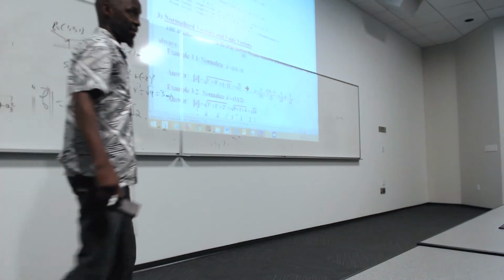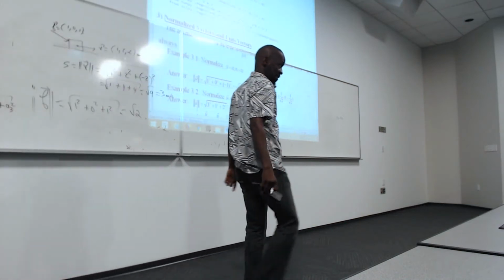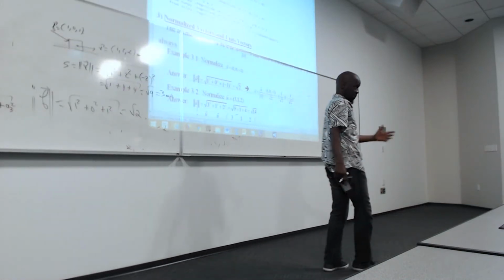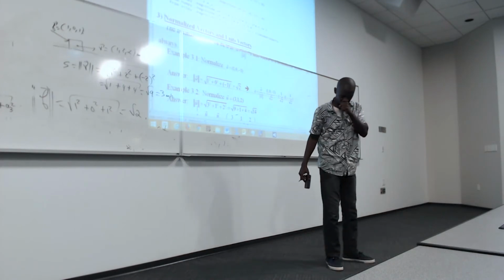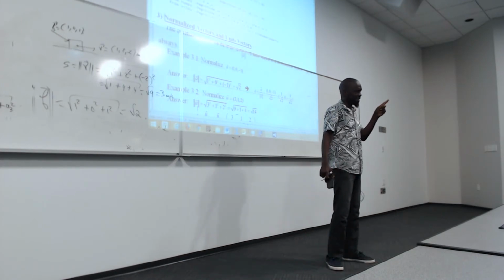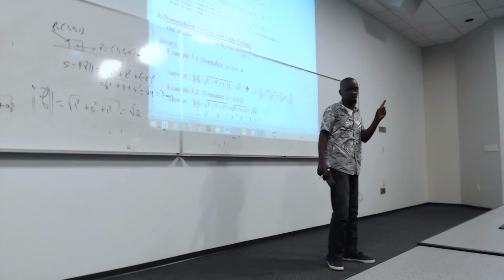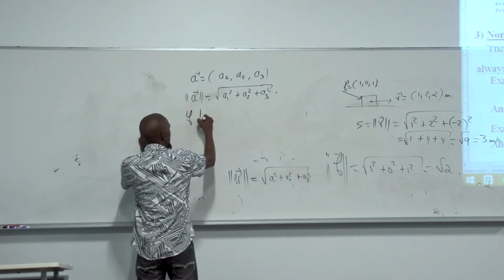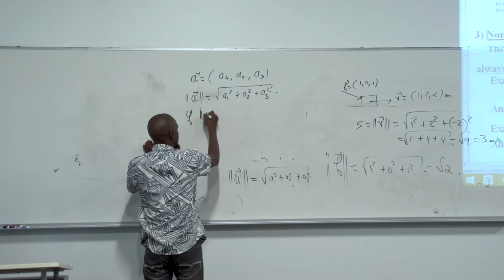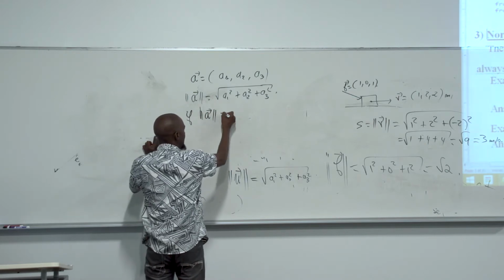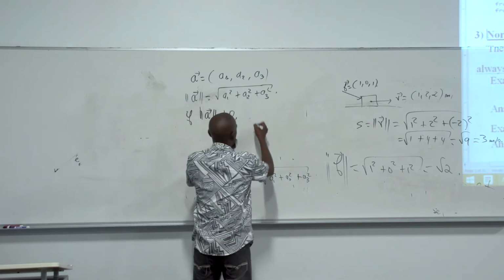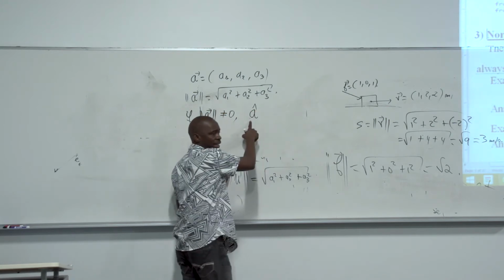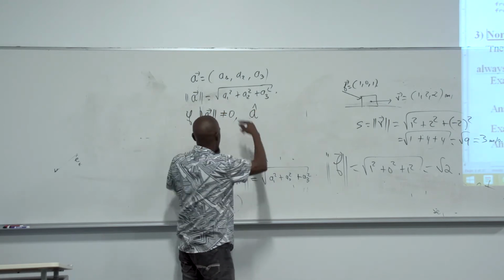Remember, we are dividing. Every time you want to divide one term by another term, you have to make sure the divisor is not 0. So therefore, I'm going to write this. If the length of A is not 0, then the normalized vector of A, this is how we represent it, is A hat.